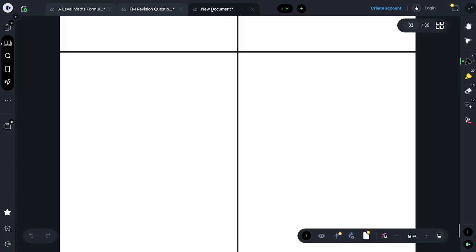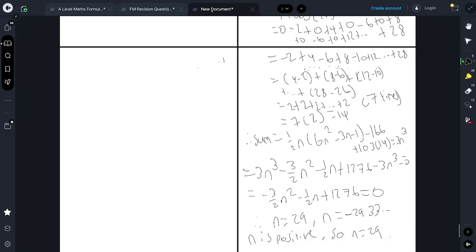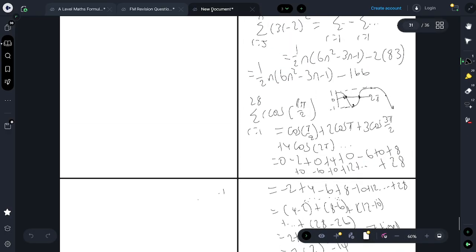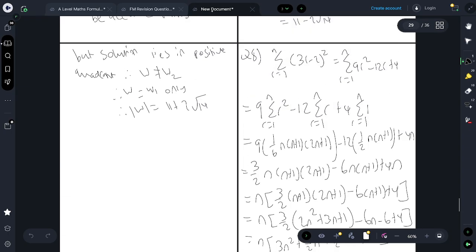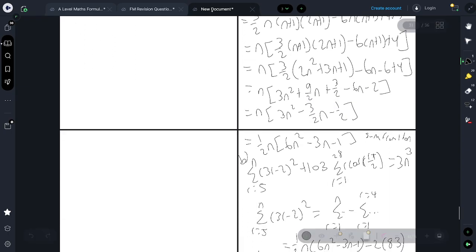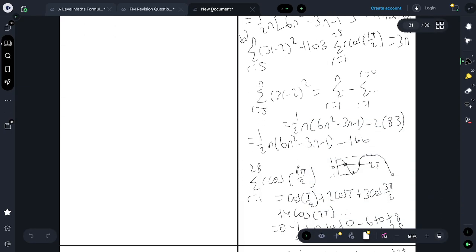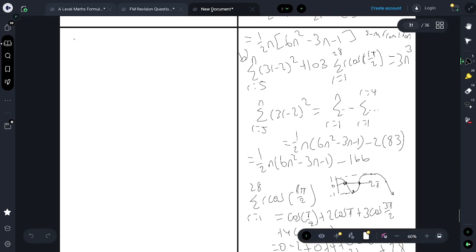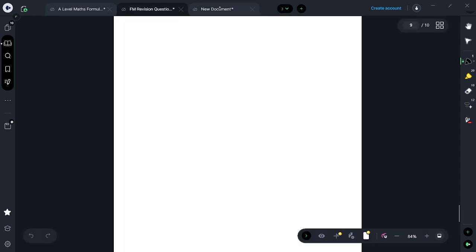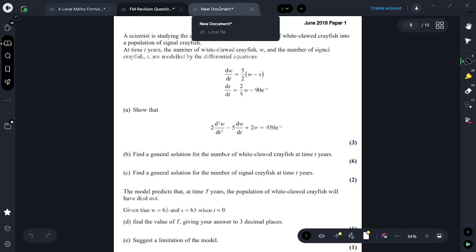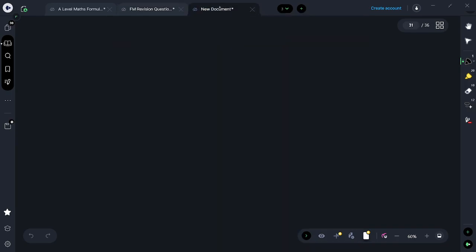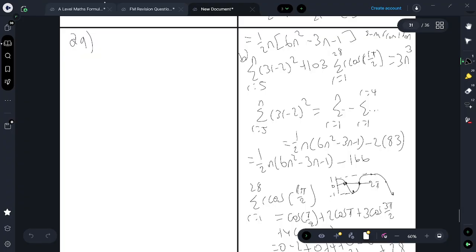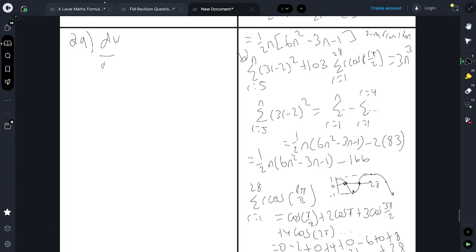So all I'm going to do here is just copy. Okay, I'm going to do it on the left side now. Hopefully it's not too confusing. So what I'm going to do is copy the two differential equations because that's all we're going to need. It's a load of waffle, right? But we're given dw by dt, and I picked this question for a particular reason, and you'll see why in a minute.